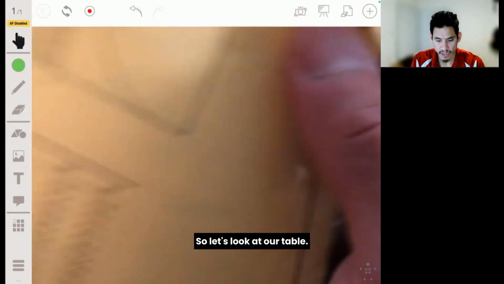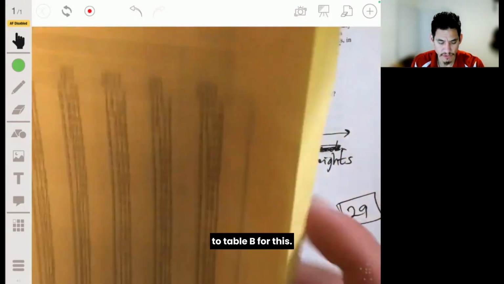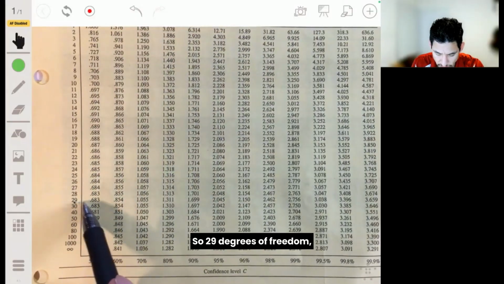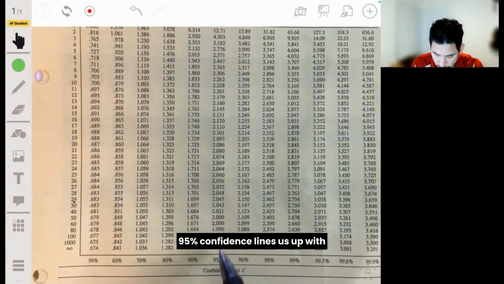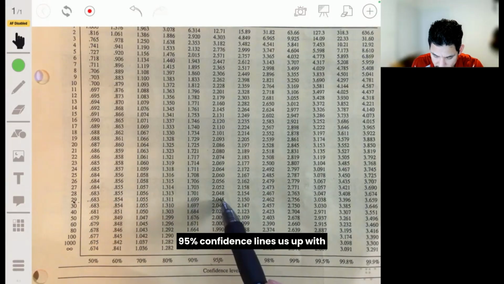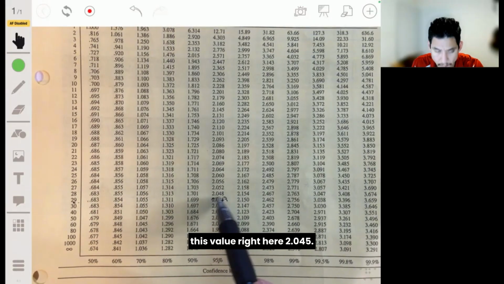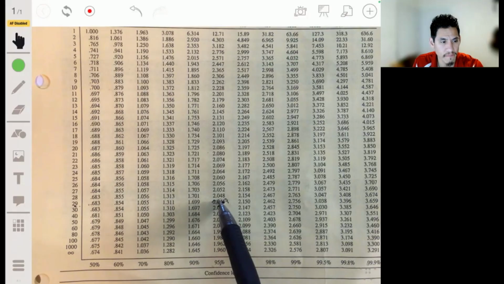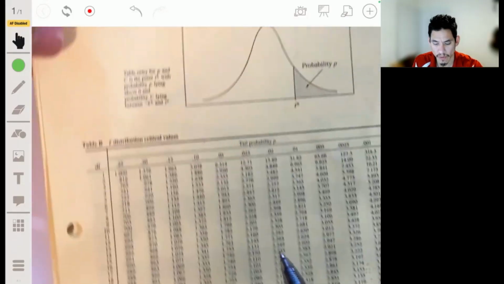So let's bust out our table. We're going to go to table B for this. So 29 degrees of freedom, 95% confidence lines us up with this value right here, 2.045. The visual again.